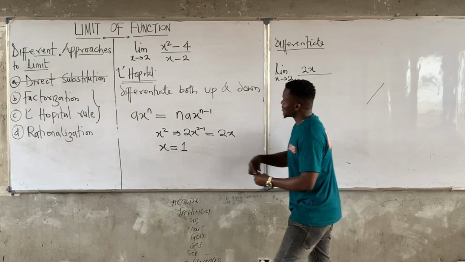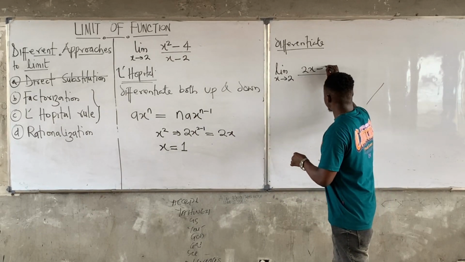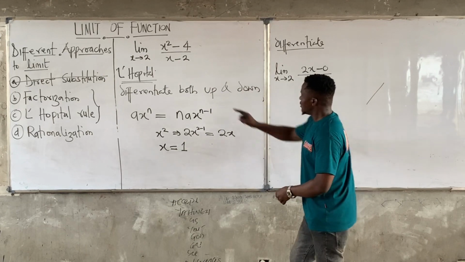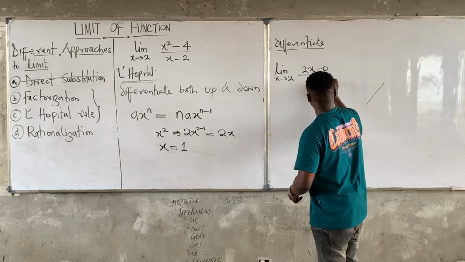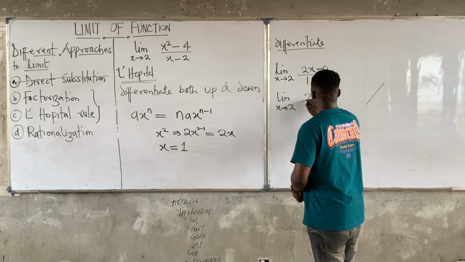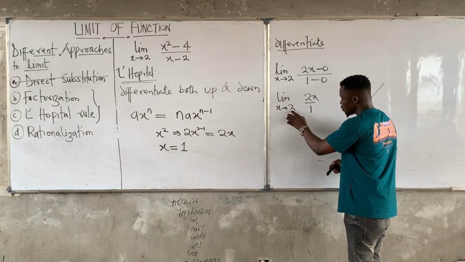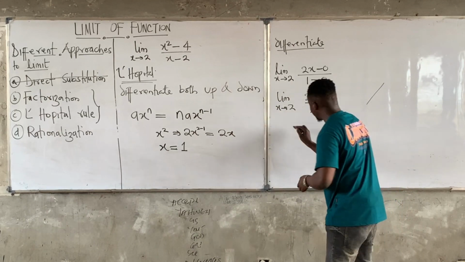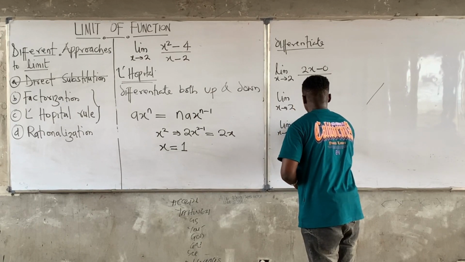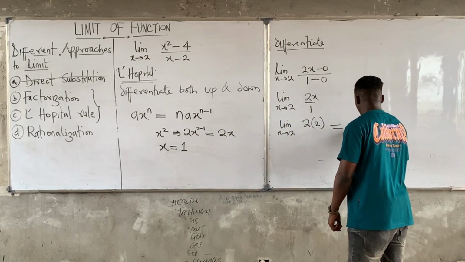Remember I told us that this 4 is a constant, so it's going to be 0. This is minus 0. If you differentiate x, you're going to have 1. This is a constant, so this is minus 0. So this gives us 2x over 1. Therefore, I will now substitute my 2 anywhere I see my x. So this now becomes the limit as x tends to 2 of 2 times 2. Now the answer for this question becomes 4.